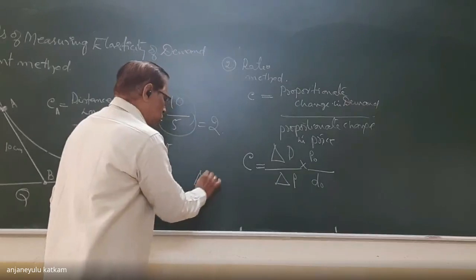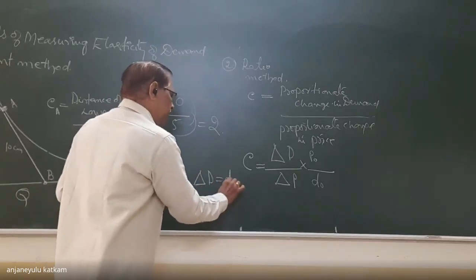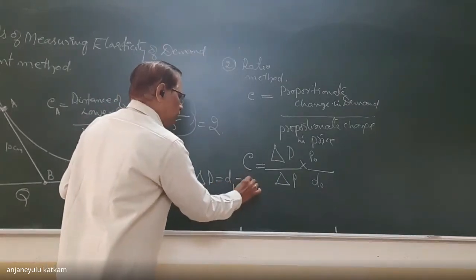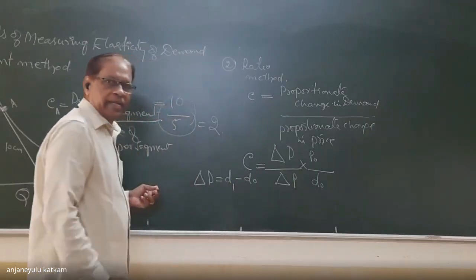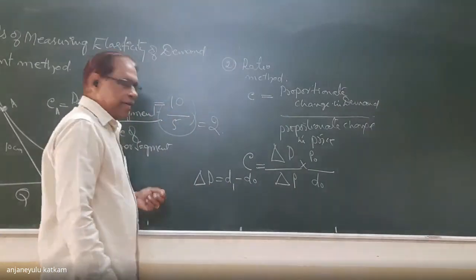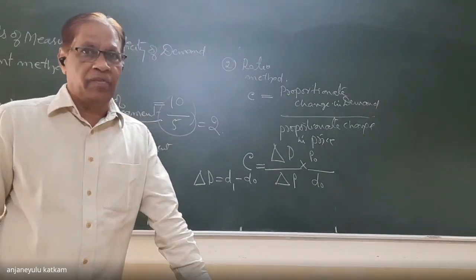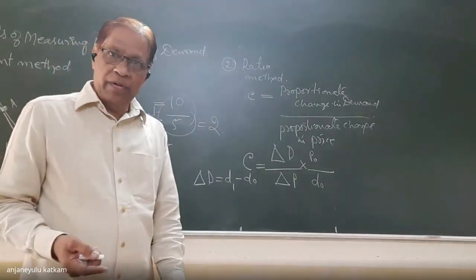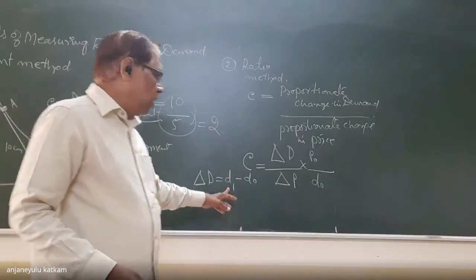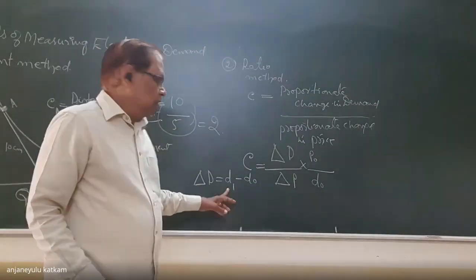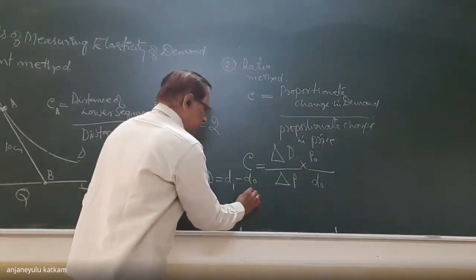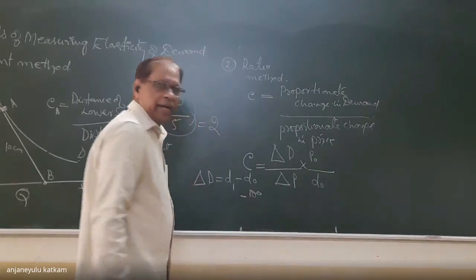Delta D is equal to D1 minus D0. Let us assume here also what is the initial price and what is the price after, what is the demand before the change and what is the demand after the change. Before the change, demand, let us assume, is equal to 100 units.